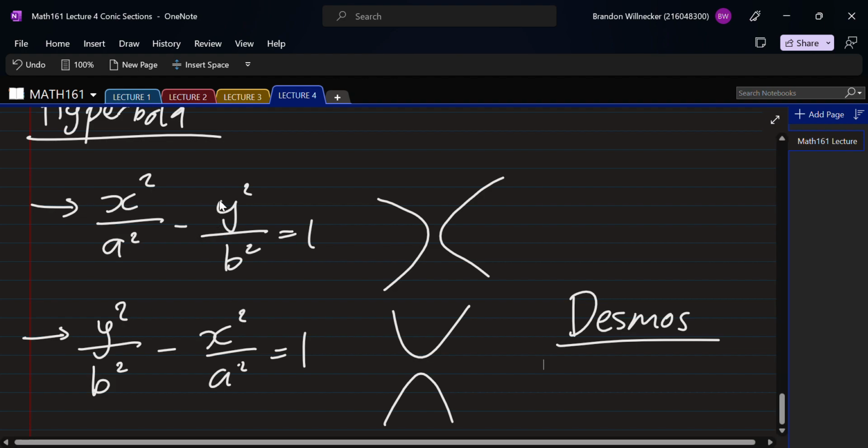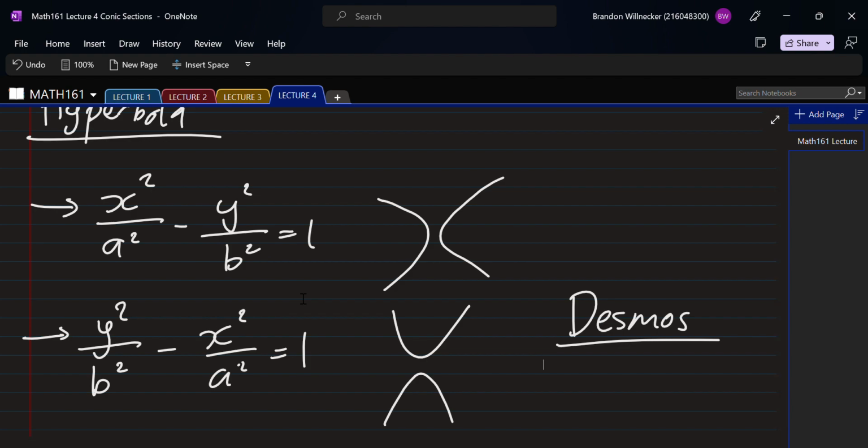All of these equations that we've looked at, try and plot them in Desmos, change the values around, and see what kind of shapes you get. Along with plotting those shapes, also plot the points, the vertices and the foci, and see how they change if you change the values of a and b. So again, have a look at Desmos for the curve sketching.